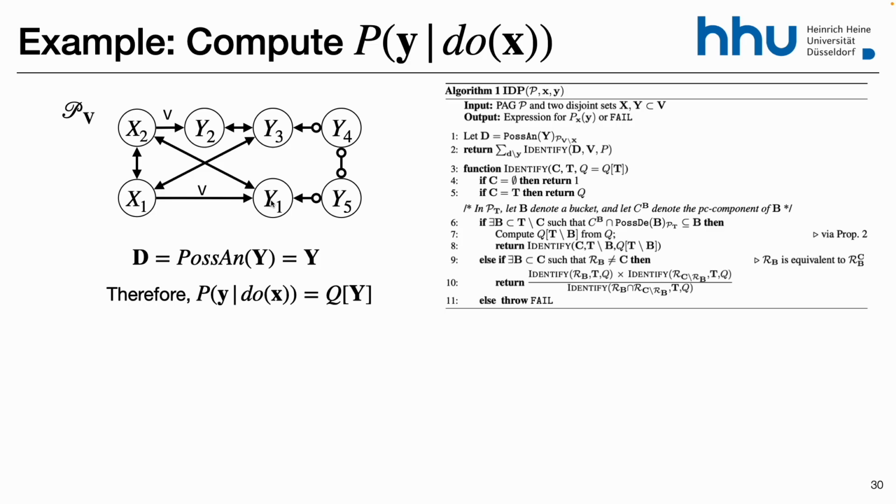I don't even need to look at the graph, because the ancestors of every variable include itself.